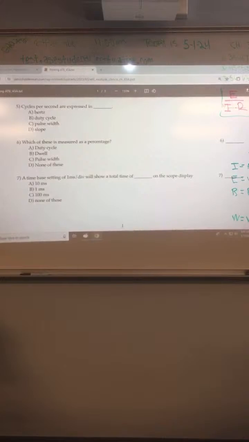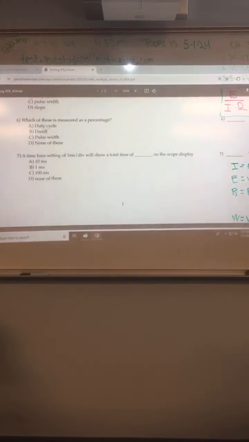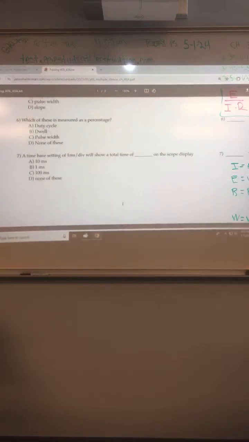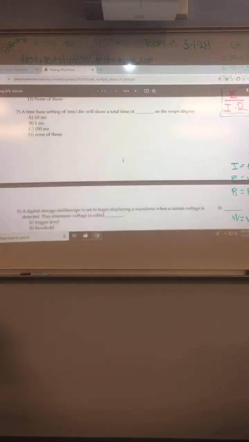Number 5 is A, yes, cycles per second is hertz. Number 6, which of these is measured as a percentage? Duty cycle is the correct answer.